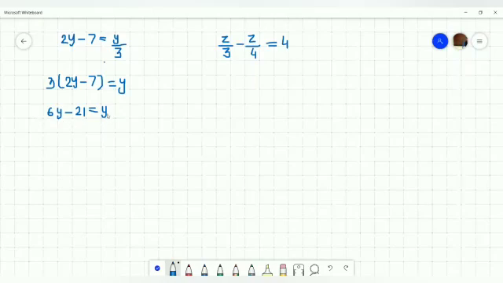So now we will shift this variable on the left hand side and this constant term minus 21 on the right side. And remember, whenever we are shifting it, we have to change the signs.